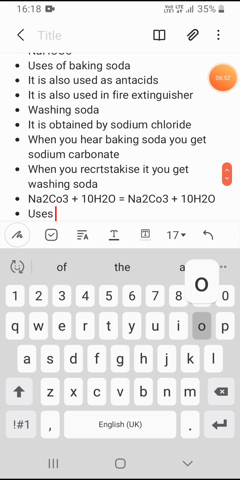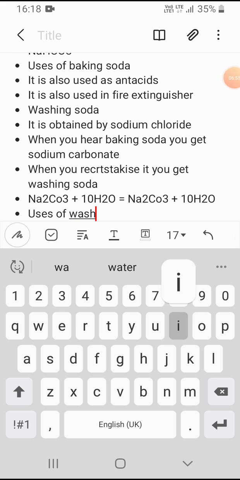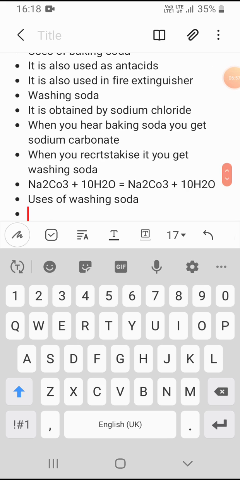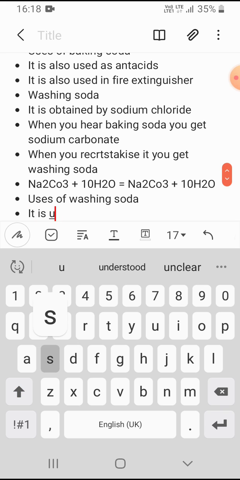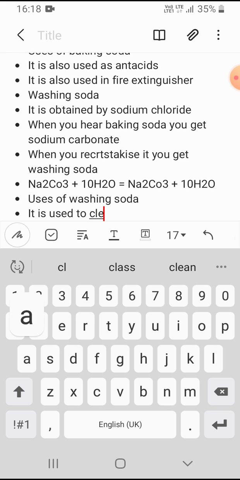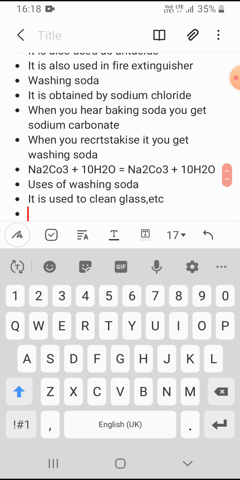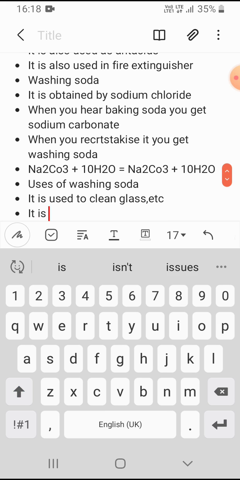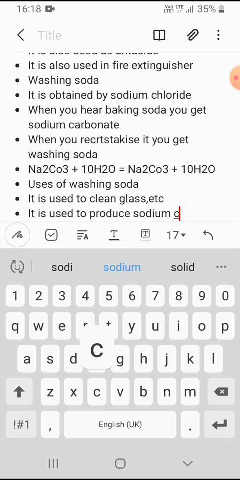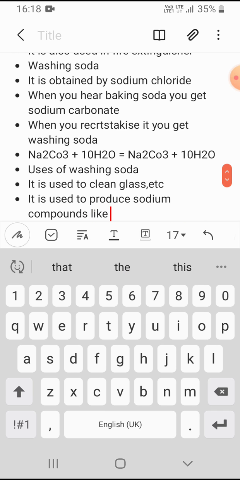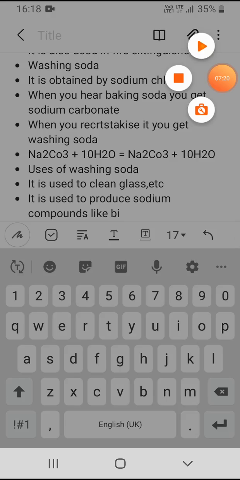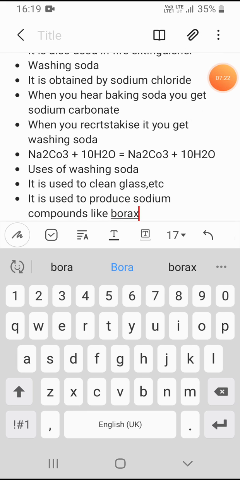Uses of washing soda: it is used to clean glass and other things, and also to produce sodium compounds like borax.